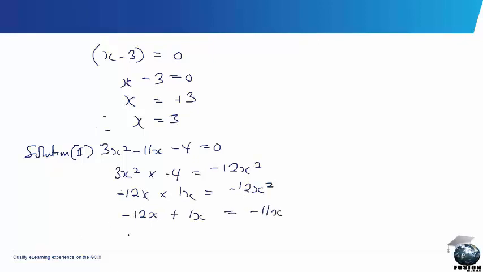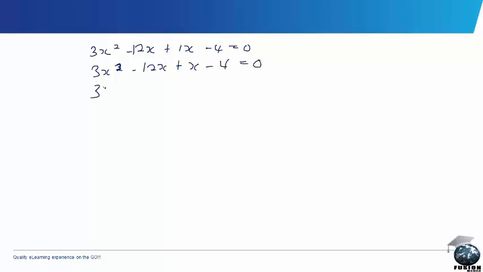All right, so we can easily replace 11x with these two factors, and so the next line follows that 3x squared minus 12x plus 1x and then minus 4 is equal to 0. And so from this point you can as well write this as 3x squared minus 12x plus x minus 4 to be equal to 0.